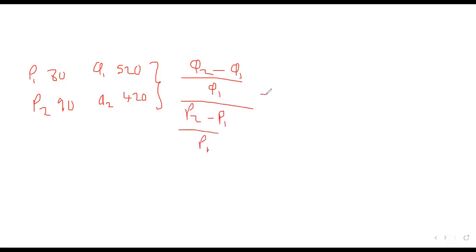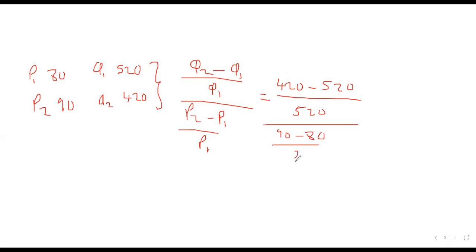Okay. So what do we have here? There we have 420 minus 520 divided by 520. All that's divided by 90 minus 80 divided by 80. Okay. What do we have here on top?